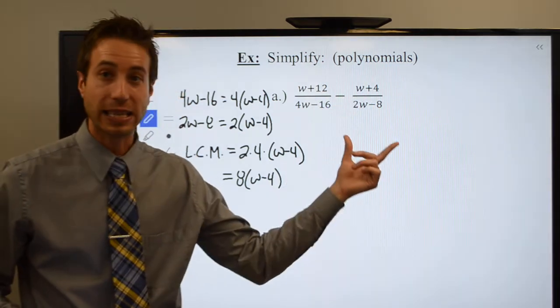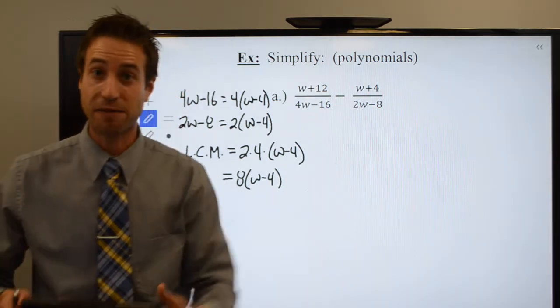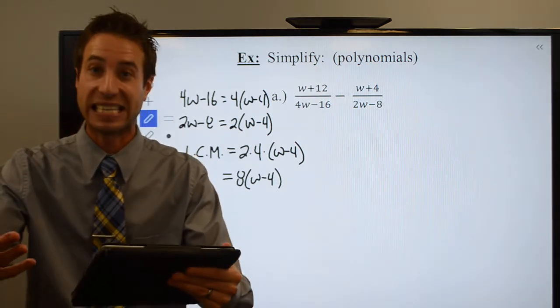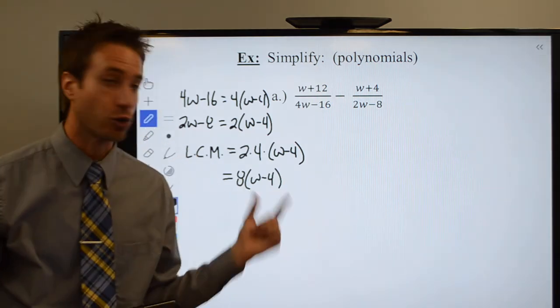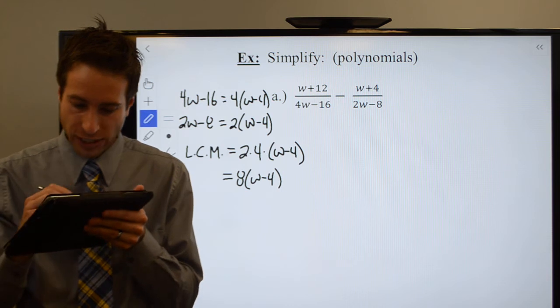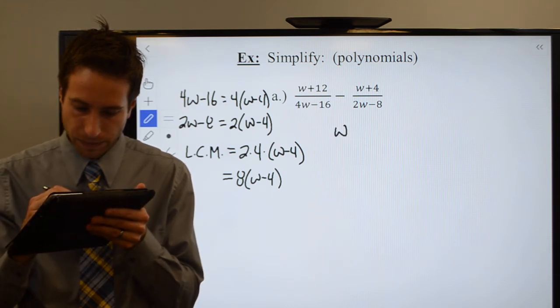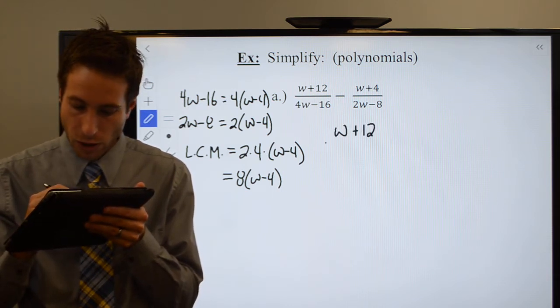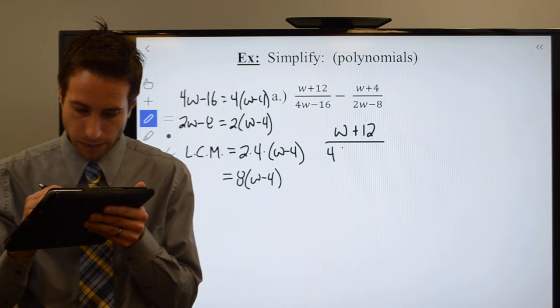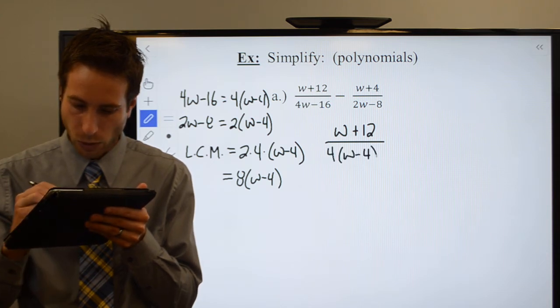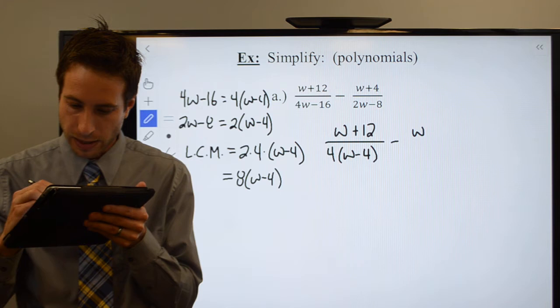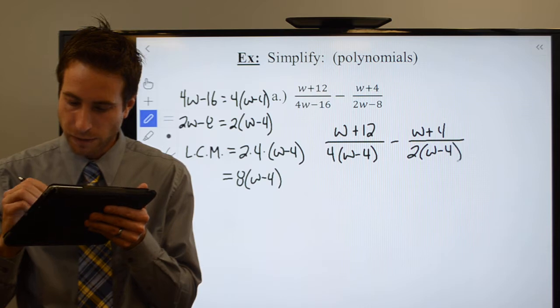All right, let's rewrite these denominators in factored form so that I can figure out what they need in order to get them to my LCM. So this is going to be w plus 12 over 4 times w minus 4, minus w plus 4 over 2 times w minus 4.